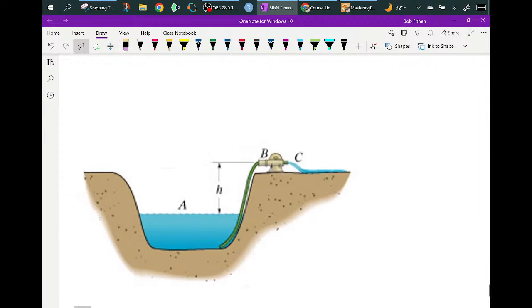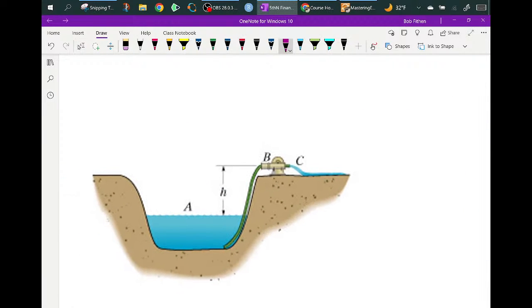So in other words, as you draw this water up this pump, eventually when you get right here to about B, this will be the lowest pressure in the line being sucked into the pump and then dumped out here on the ground.